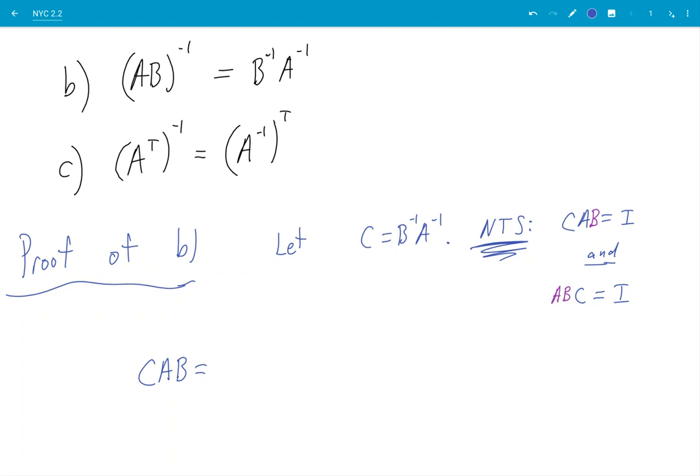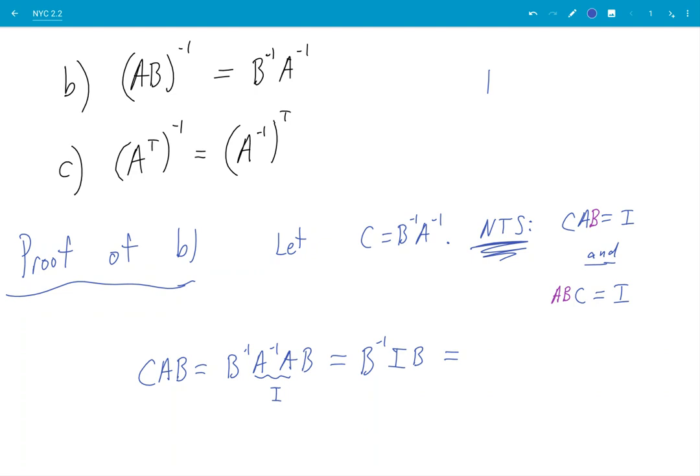CAB is, okay, so that's B inverse, A inverse, AB. So what do you get? B inverse, well, A inverse times A, that's just I, right? That's just I. So I, B. Now, in the land of matrices, I behaves much like the number 1.